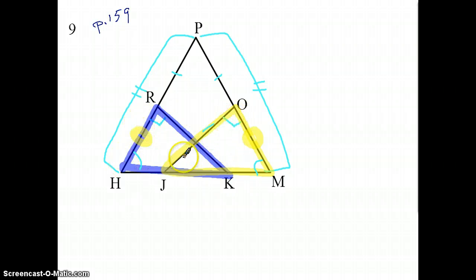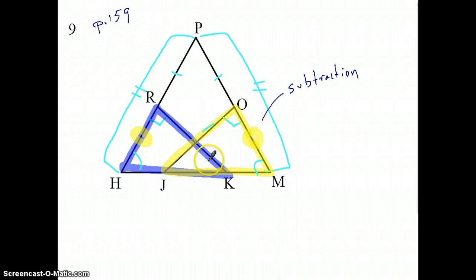Well, in these two triangles, we have a purple triangle and a yellow triangle. And both of these triangles are right triangles. So we need to try to prove these two right triangles congruent. Well, we can get a side. If you see here, we can get this side and this side congruent by subtraction. Because if the whole piece is congruent and we subtract congruent parts, then the difference is going to be congruent.